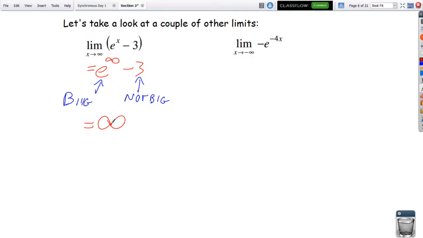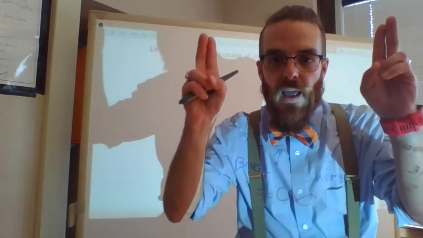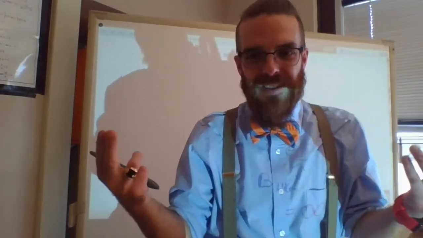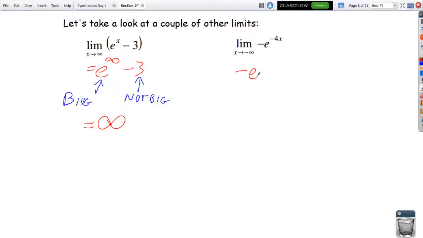Over here, I look and I see that I have the limit as x approaches negative infinity of e to the negative 4x. Again, I try to do my direct substitution. It's not really direct substitution since we're talking about infinity, but I write it out anyway.